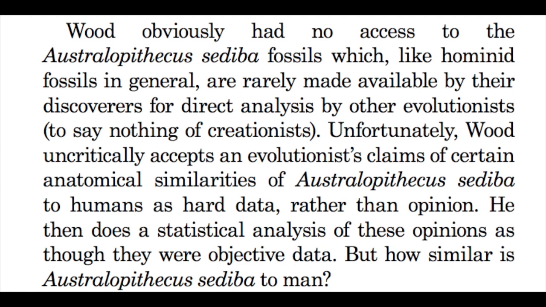So unfortunately, Wood uncritically accepts the evolutionary claims of certain anatomical similarities of Australopithecus Sediba to humans as hard data rather than opinion. He does a statistical analysis of these opinions as though they were objective fact. But how similar is Sediba to man?